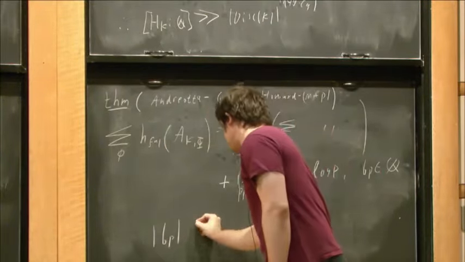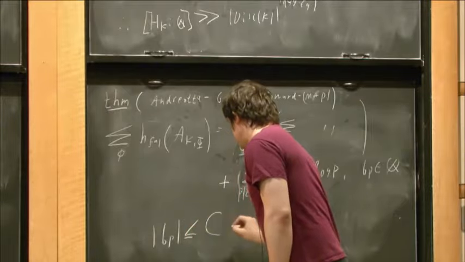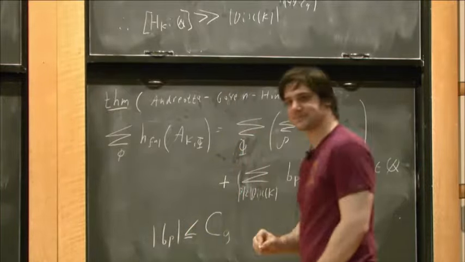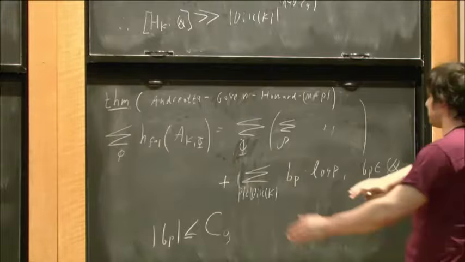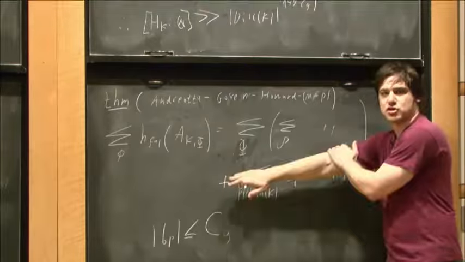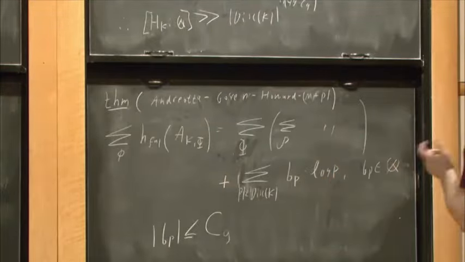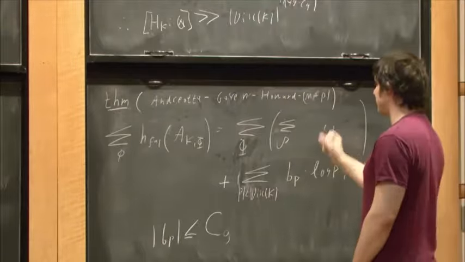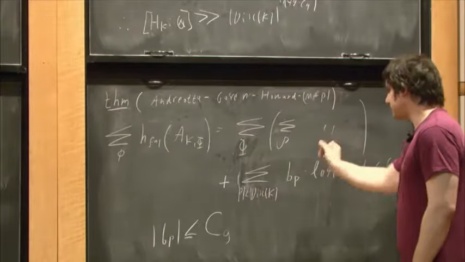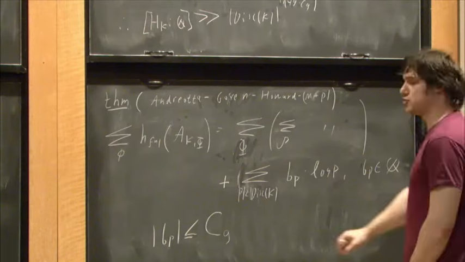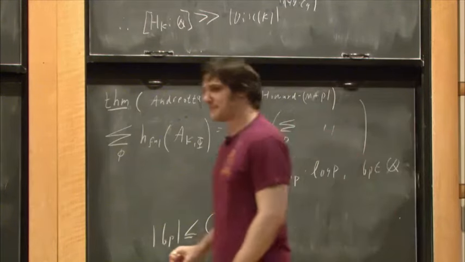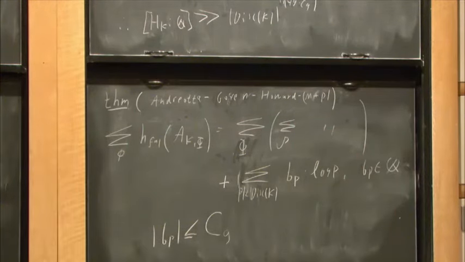So each of these numbers is bounded by some absolute constant depending on g. They would obviously want to just have the average version, but somehow they can't handle some intersection theory at some bad fibers, which is why they're off by these quantities, but they can control how much they're off by. All right, so they have this averaged version.